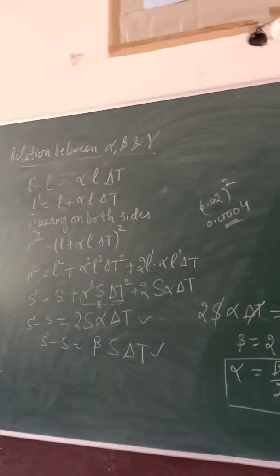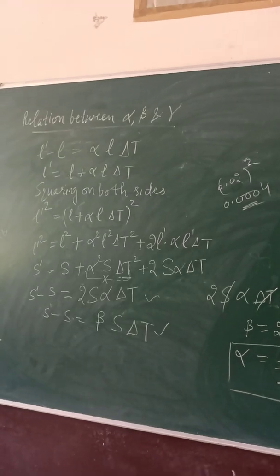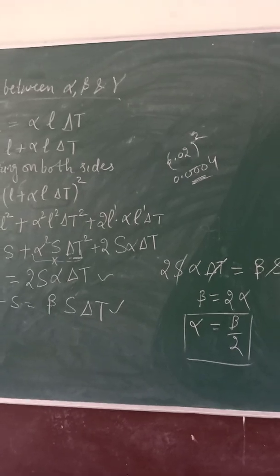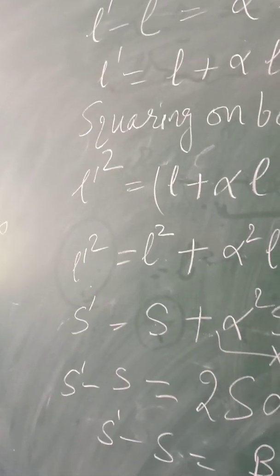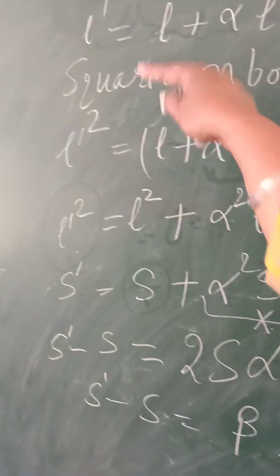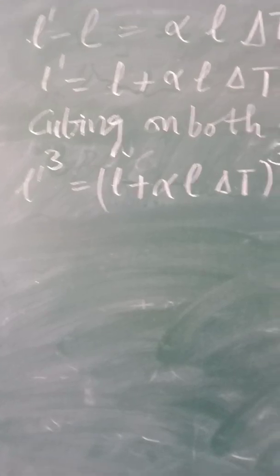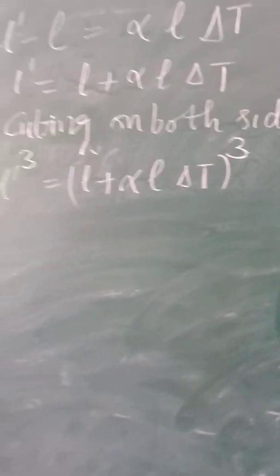Now we have to find the relation with the cubical expansion, right? For cubical expansion, we start with the same relation and instead of squaring we use cubing on both sides.